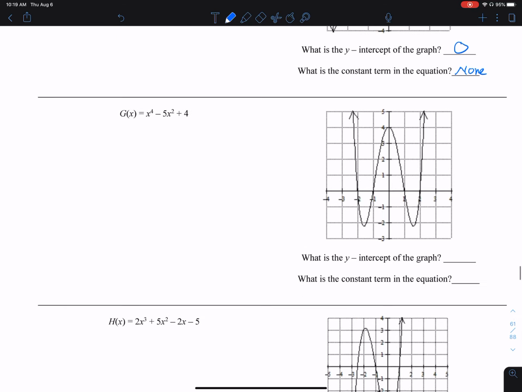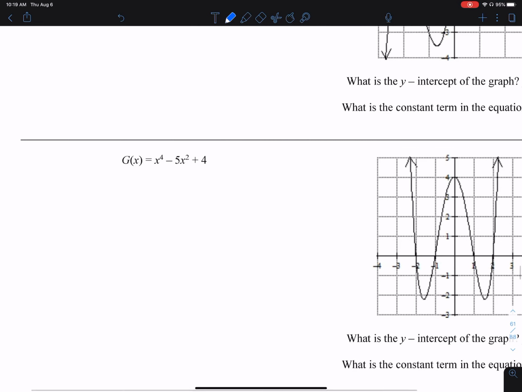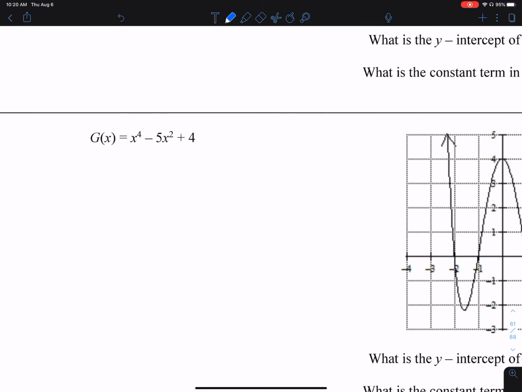Next one. g of x is x to the fourth minus 5x squared plus 4. This is not a perfect square trinomial. Because if you break this apart into x squared and x squared, and you break this apart into 2 and 2, which are both perfect squares, the rectangle in this corner is going to be 2 times x squared, which is 2x squared, and so is this rectangle here. 2x squared and 2x squared is not 5x squared.